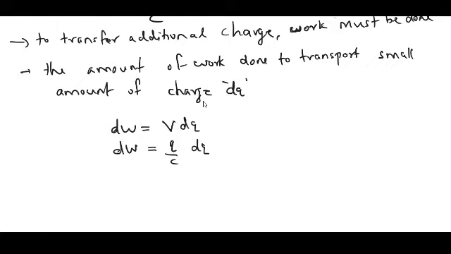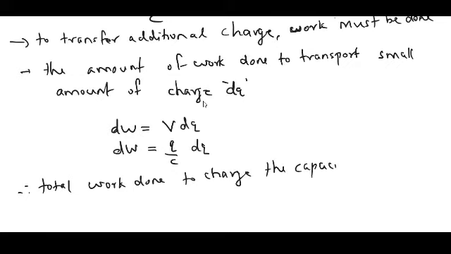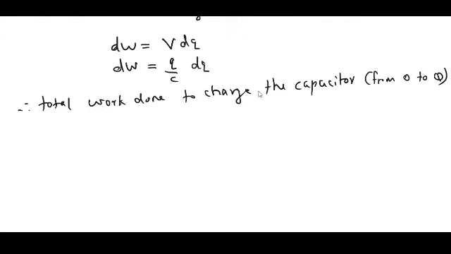Therefore, the total work done to charge the capacitor, that is from 0 to capital Q, that can be written as W. We are going to integrate the above equation from 0 to Q, small q by c into dq.